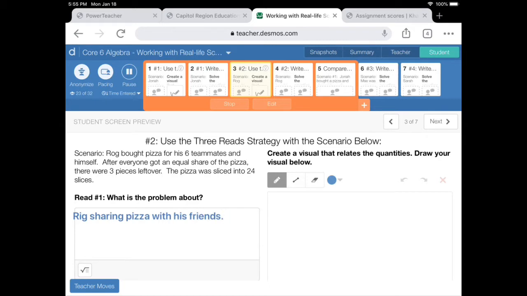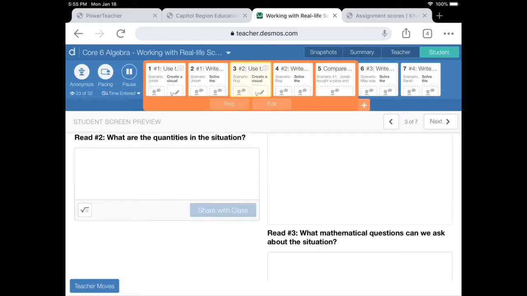Let's take a look at our read number 2. Raj bought pizza for his 6 teammates and himself. After everyone got an equal share of pizza, there were 3 pieces left over. The pizza was sliced into 24 slices. So doing our second read, what are the quantities in this situation?